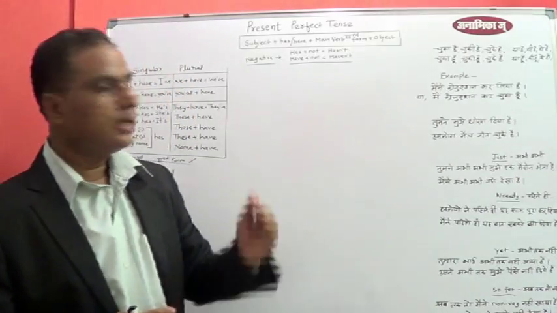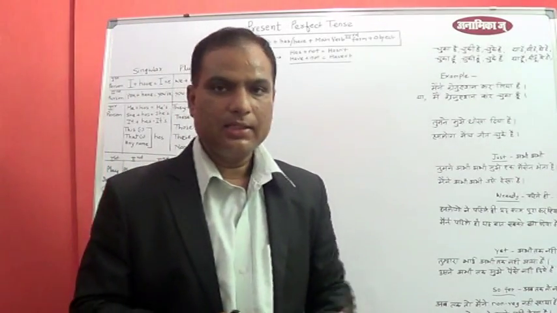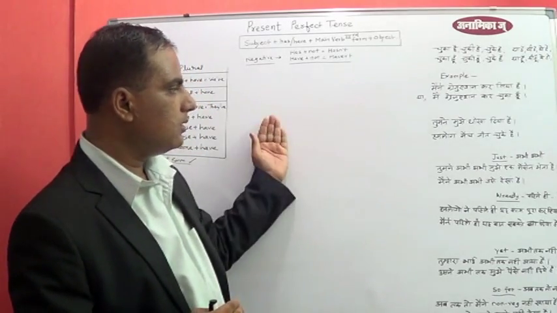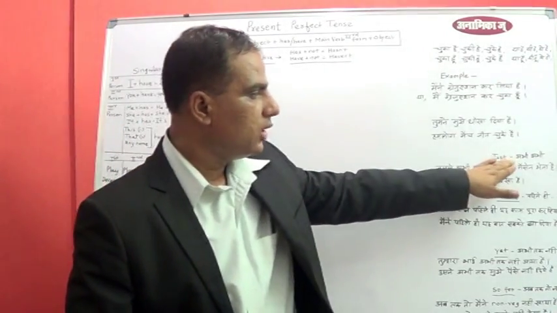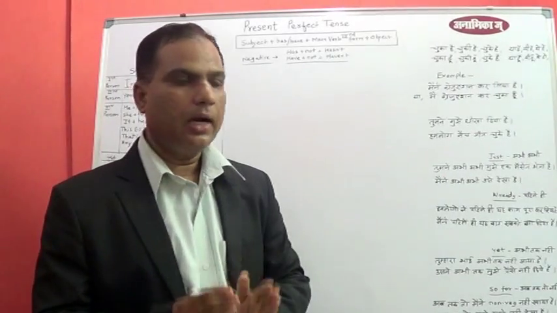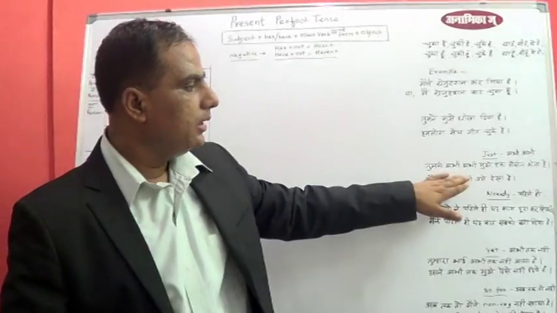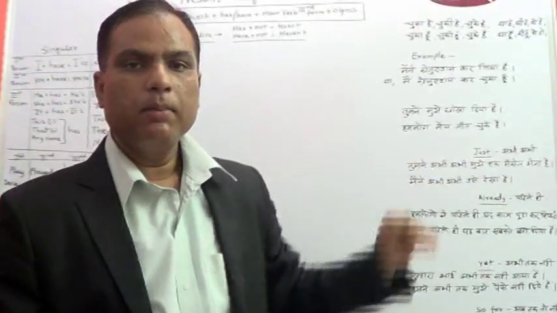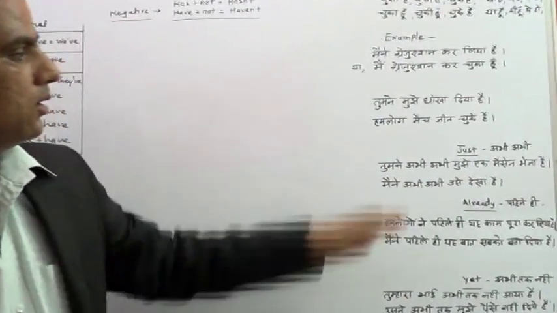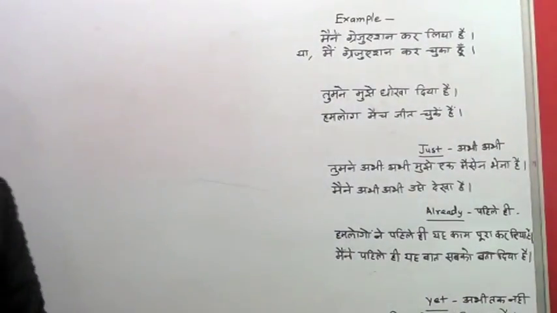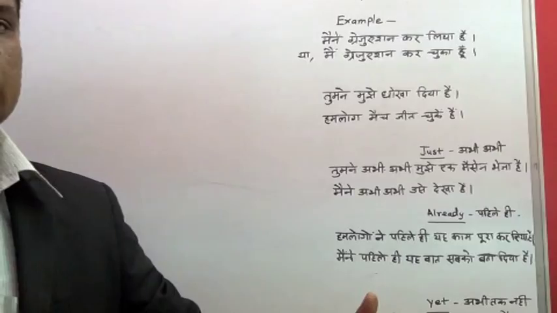Apart from this, there are certain other sentences or actions which are also spoken in this tense. उसमें एक है just. Just का मतलब होता है अभी अभी. तुमने अभी अभी मुझे एक मैसेज भेजा है. So here the action is completed a short while ago.